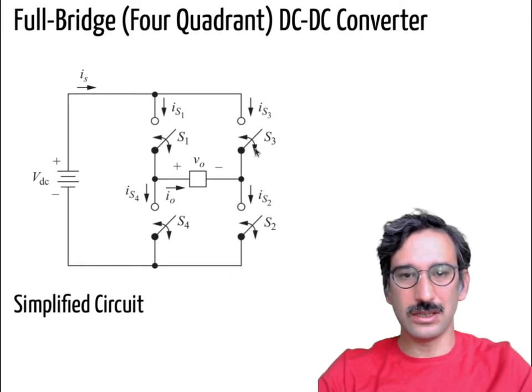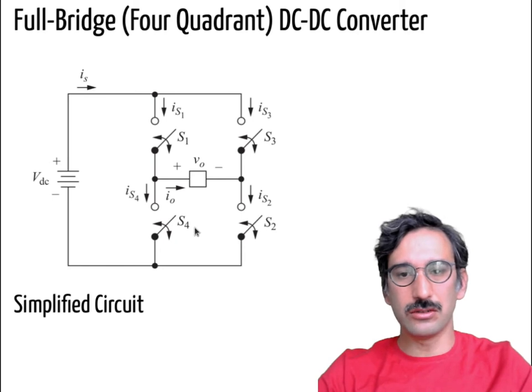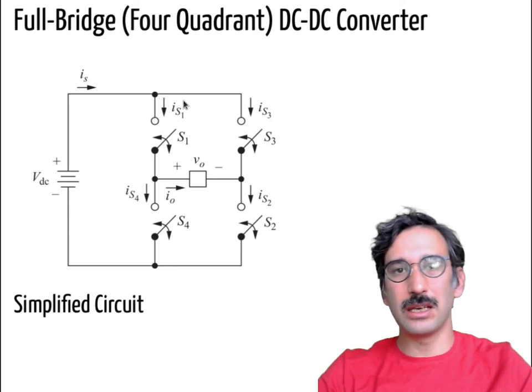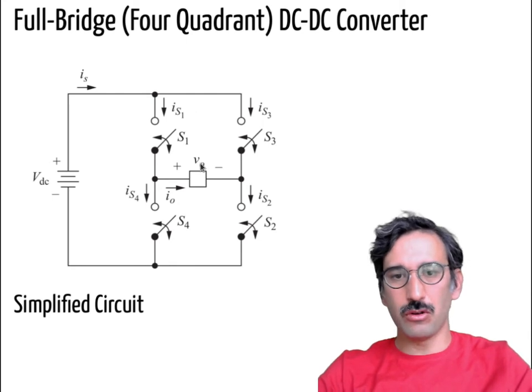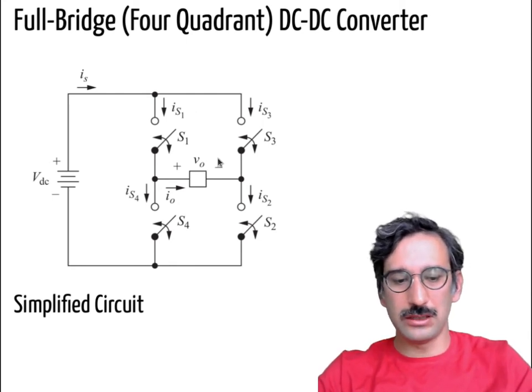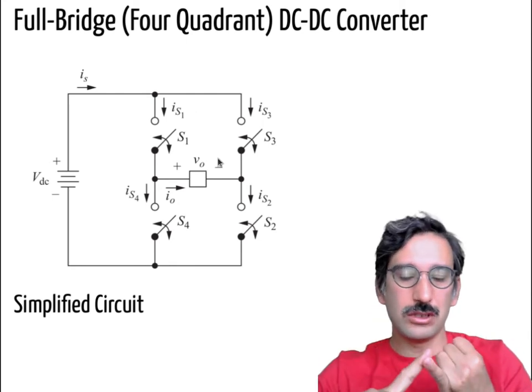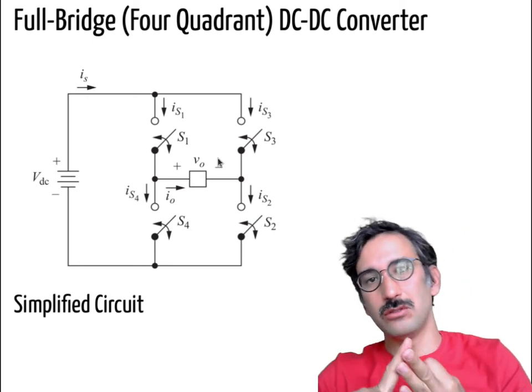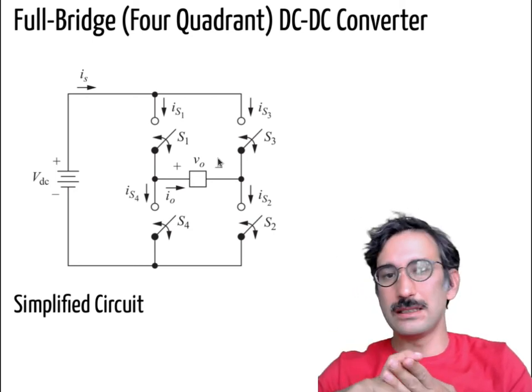Or you can close S3 and S4, so you can apply a negative voltage with respect to VO, and again the current can be in that direction or in the other direction. So that can be a 4-quadrant converter. It can generate positive voltages and negative voltages, and also operate as a source or as a sink.